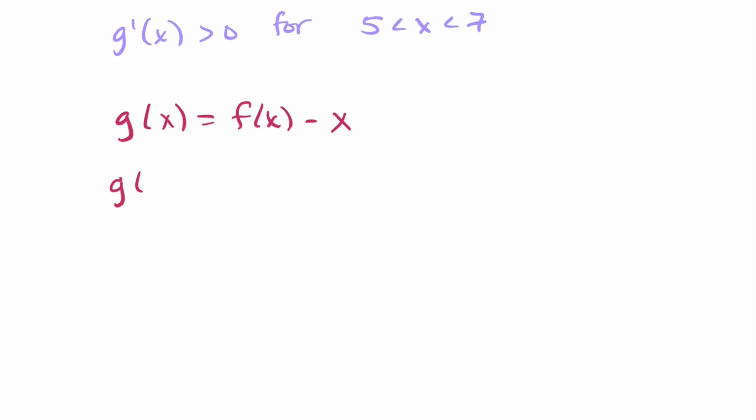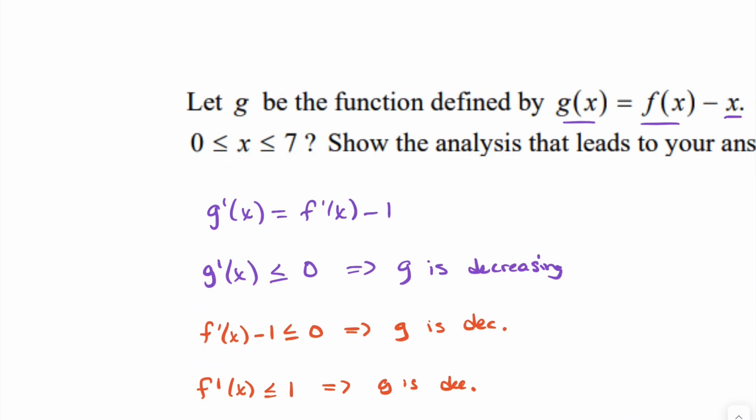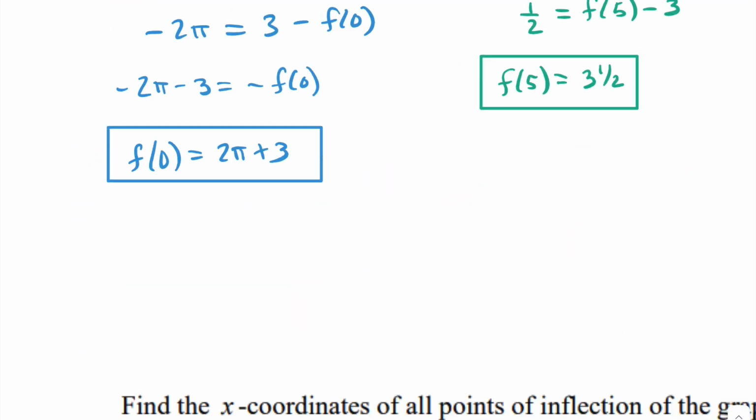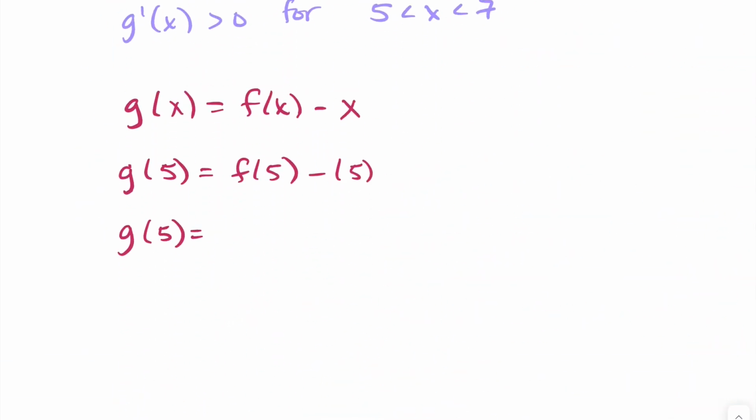So g of 5 is equal to f of 5 minus 5, and f of 5 we found to be 3.5. So g of 5 is negative 1.5.